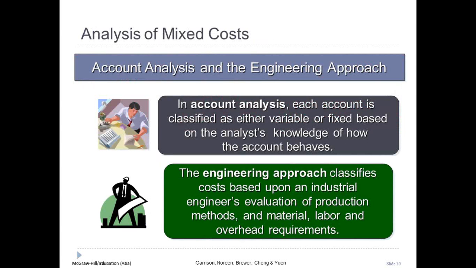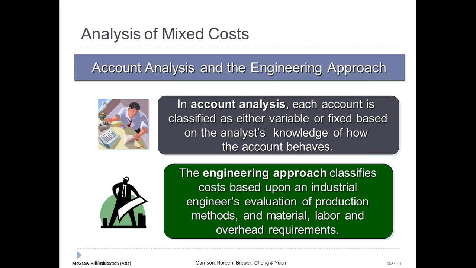Now, in some organizations, it gets very complex very fast, and there is a preference to use an engineering approach, not just the accounting approach. An engineering approach classifies costs based upon the work of an engineer. So the engineer is going to look at production methods, amount of material, amount of labor, overhead requirements, and come up with very sophisticated analysis.